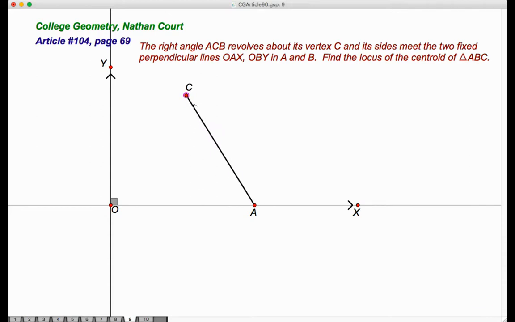So I guess what we can do is to construct a line perpendicular to CA. There you go.